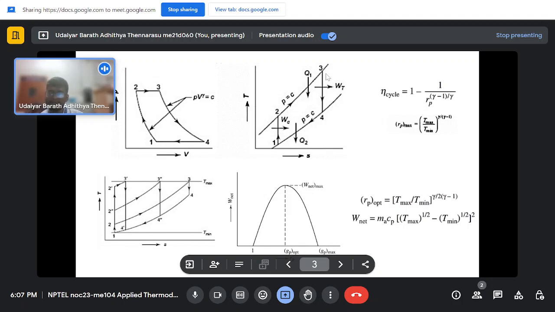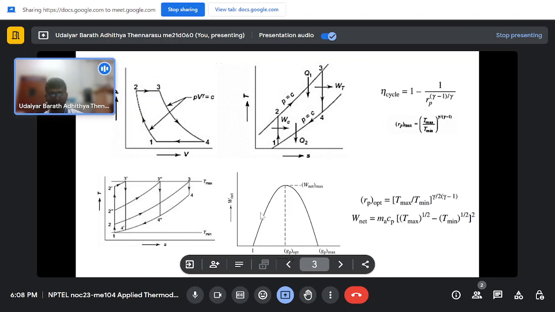So that temperature will be close, and there is effectively no heat being provided for constant pressure addition. Eventually you will not generate much work, so at higher pressure ratios your work output will drop to zero. And at lower compression ratios, your pressures are very close, so you are not compressing anything and not generating any work.